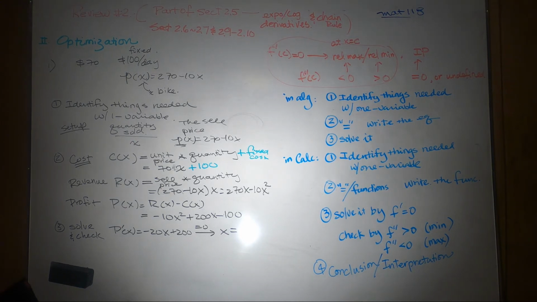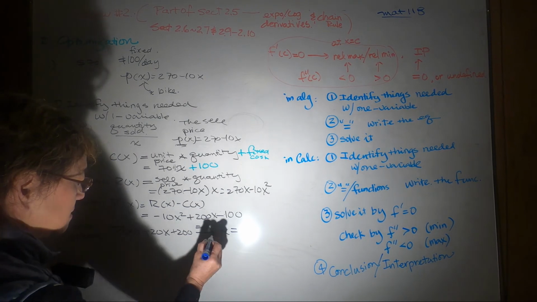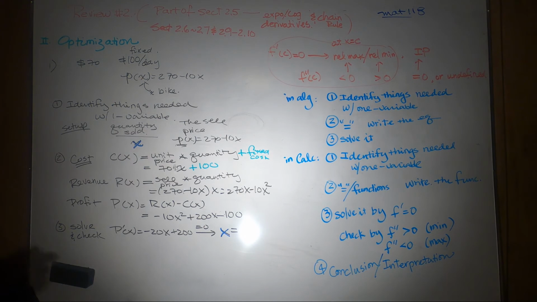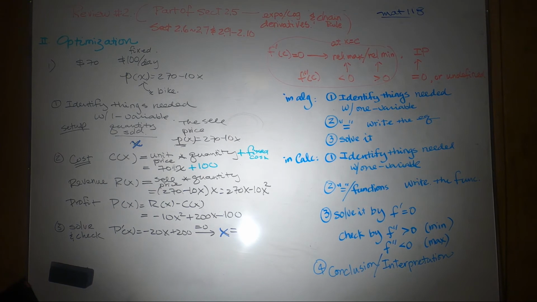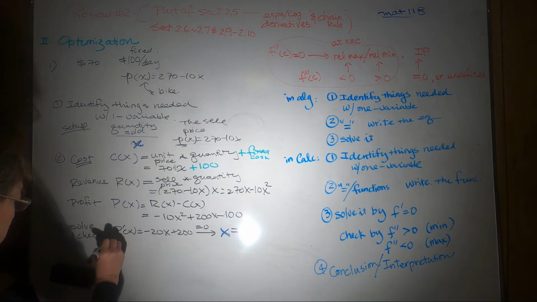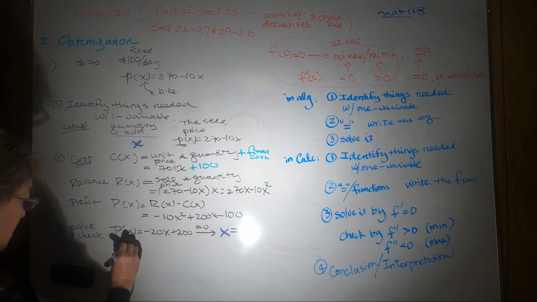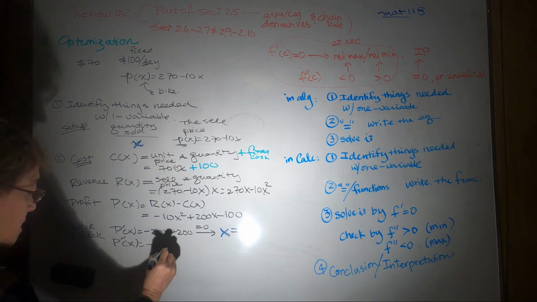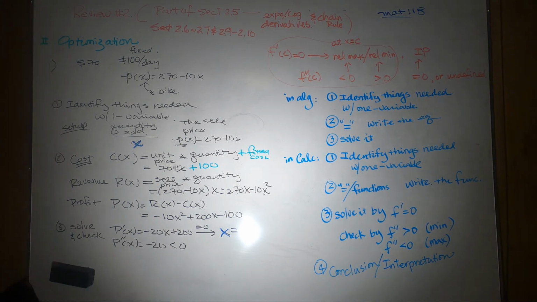Okay, so you want to look back. What is your x? Here, quantity sold. That's how many bicycles you can sell for a day, right? But do you get a maximum profit or minimum profit? So you check. Negative 20, doesn't matter what your x is. You got a negative number less than 0.